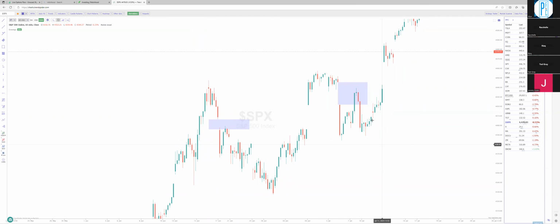You still use structure. So if you're on the 65-minute time frame, what do you think you're going to see on the 5-minute time frame in this area? What should you want to see? You want to see the market start to do what?